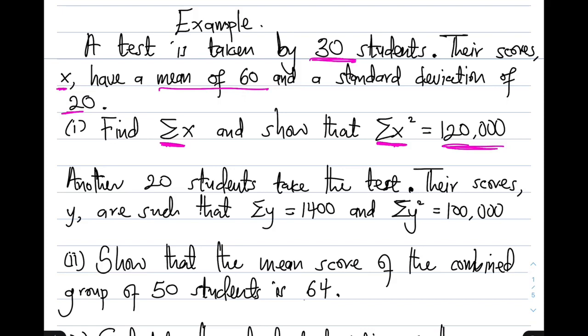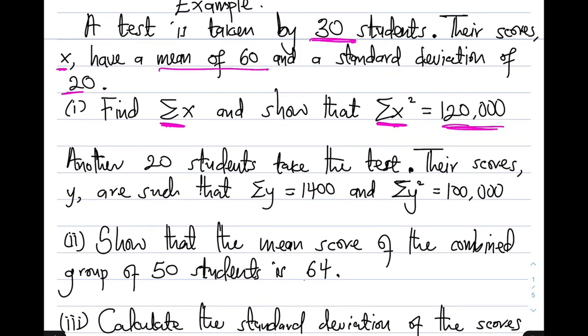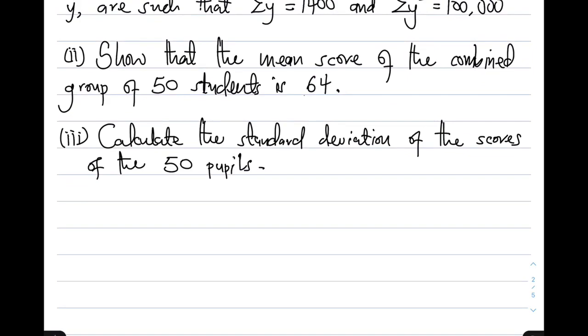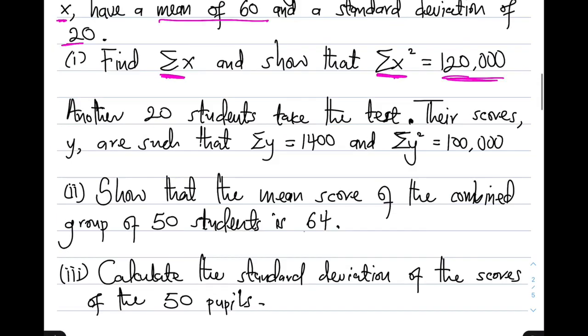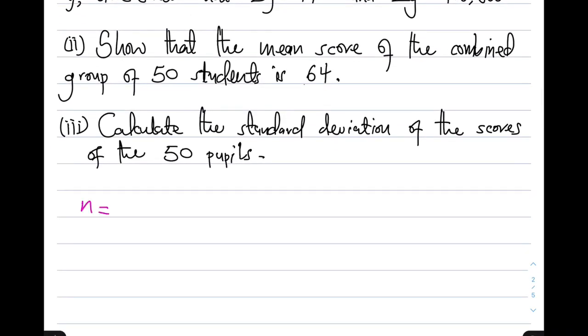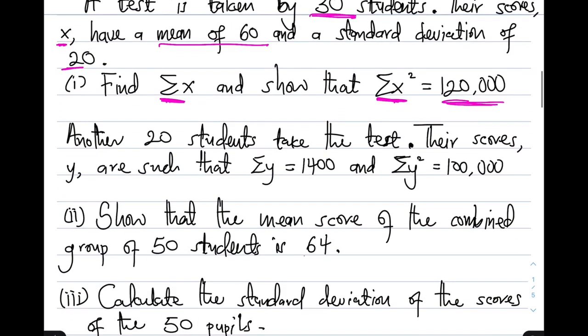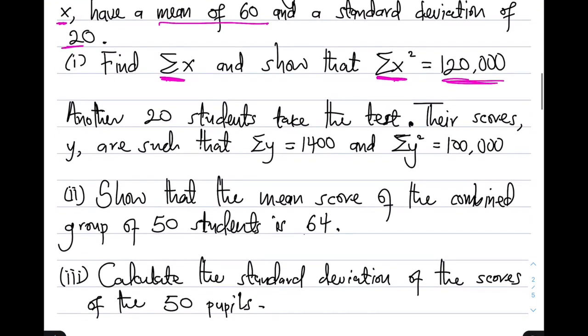Let's go and solve that one and come back later. Let's write the things that we can work with from this question. We know that n is 30, the number of students. So n equals 30. We also know that the mean is 60.